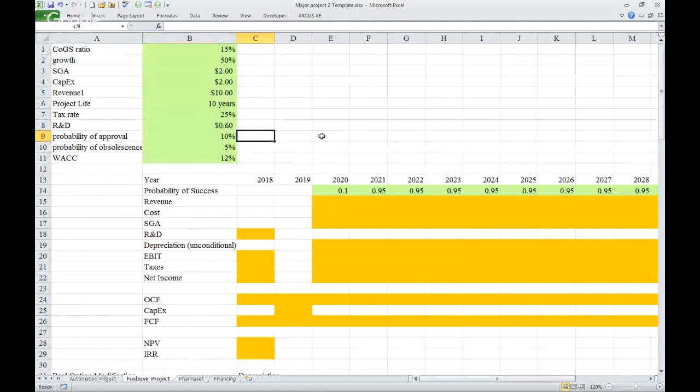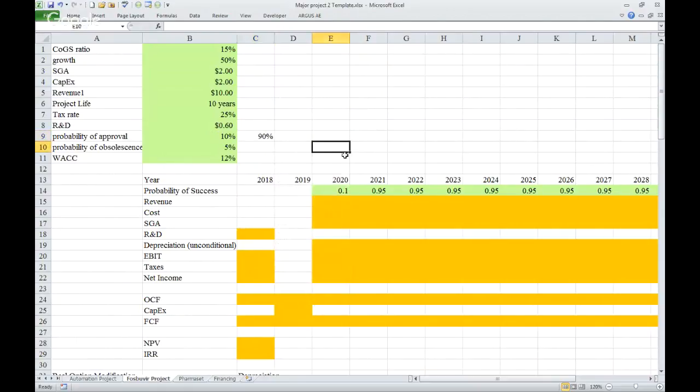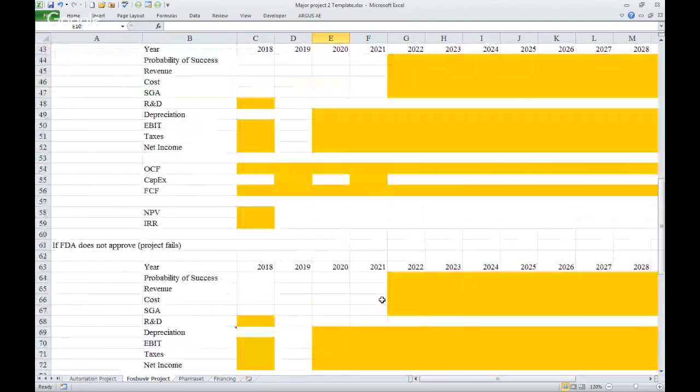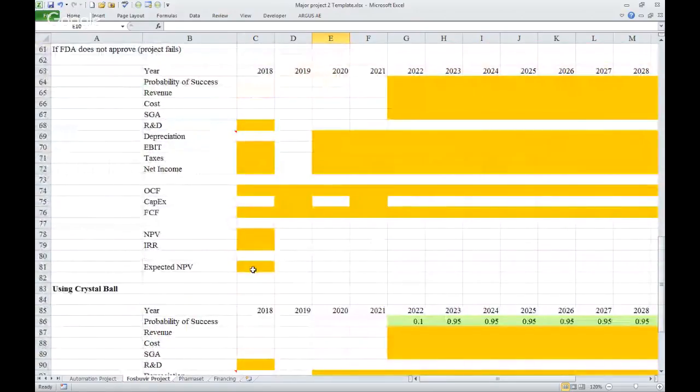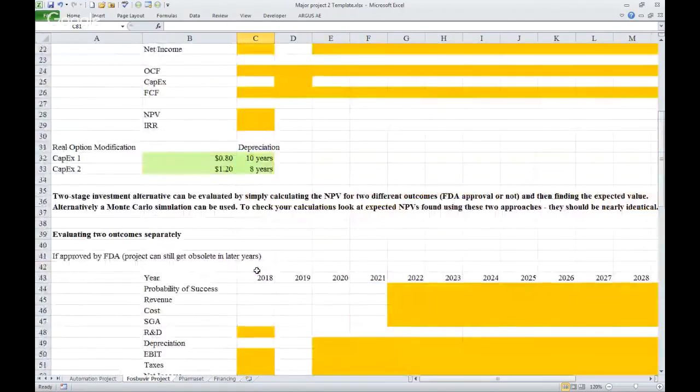So if probability of approval is 10%, then probability of not being approved is 90%. And that's how you calculate the expected NPV here when both outcomes are used separately.